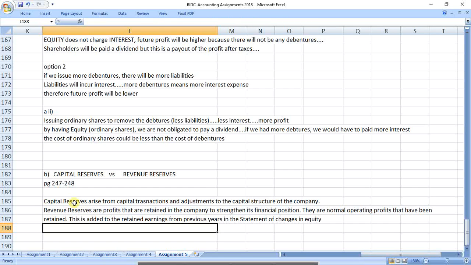Okay, that's the definition. So we should get 2 marks for those definitions. They came straight out of the textbook.